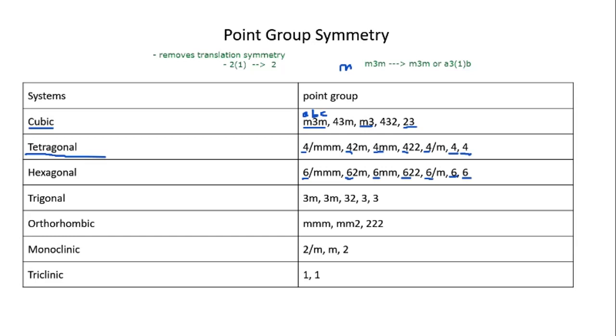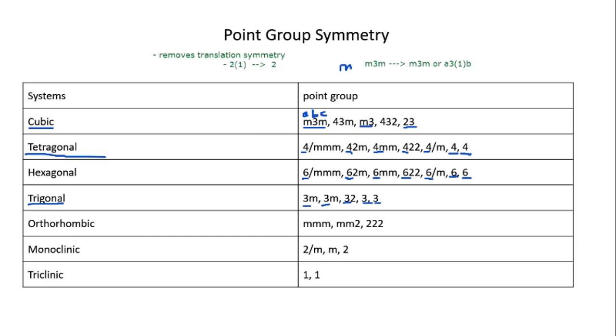Now when we get to trigonal and rhombohedral, of course, the way you know it's rhombohedral is it has an R as the first letter in the space group. But for trigonal, you'll notice here that the first symmetry element is going to be some type of 3-fold rotation.